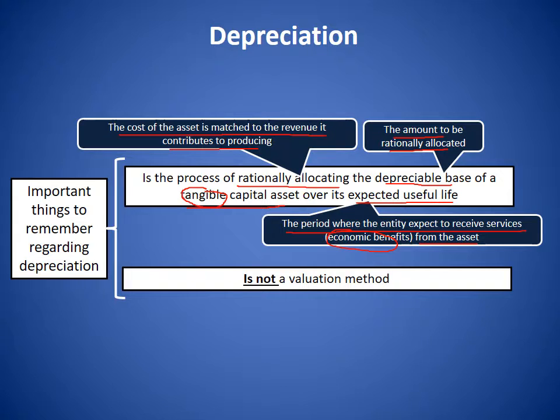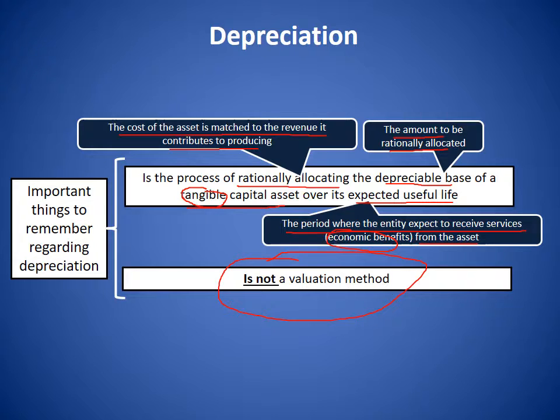Now, something else that even a number of current accounting students make a mistake with is that the depreciation process is a method of matching the cost of an asset to the revenues it produces. It is not a valuation method.